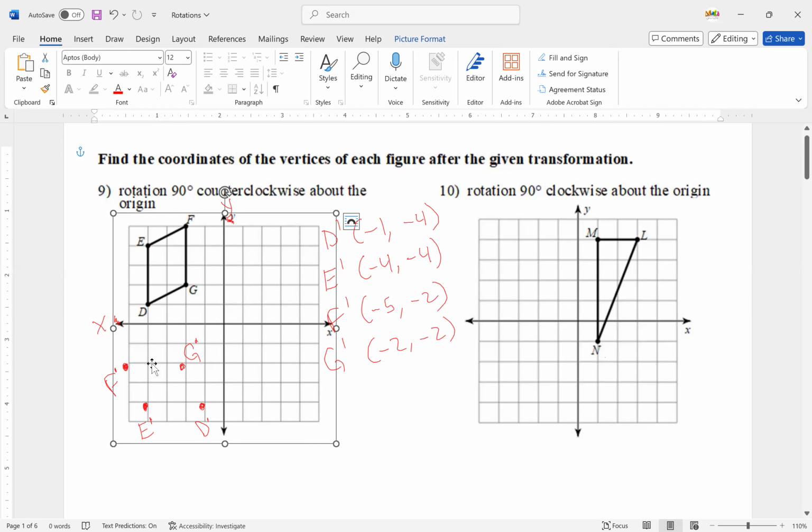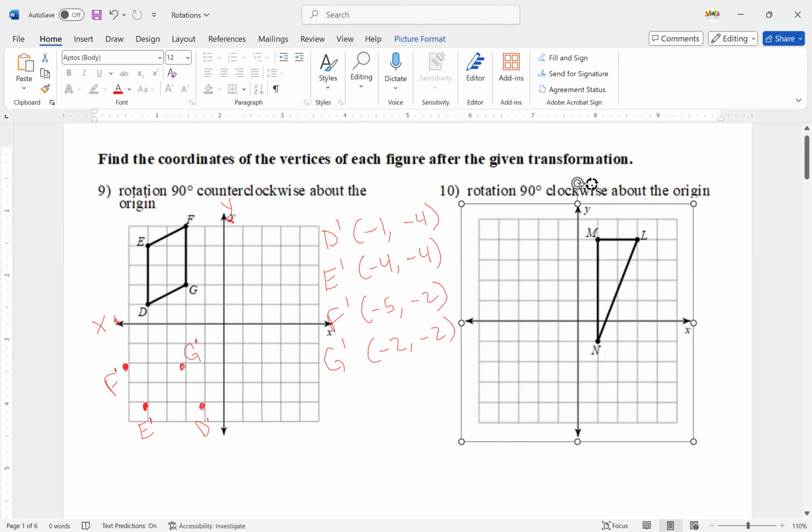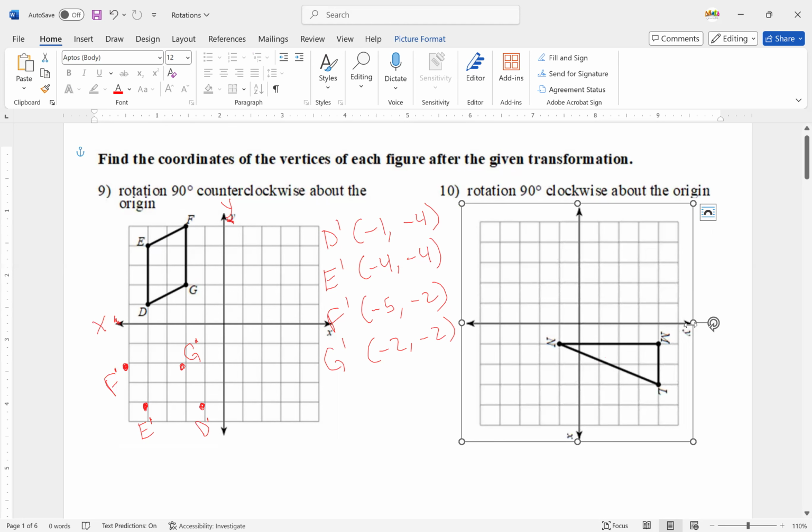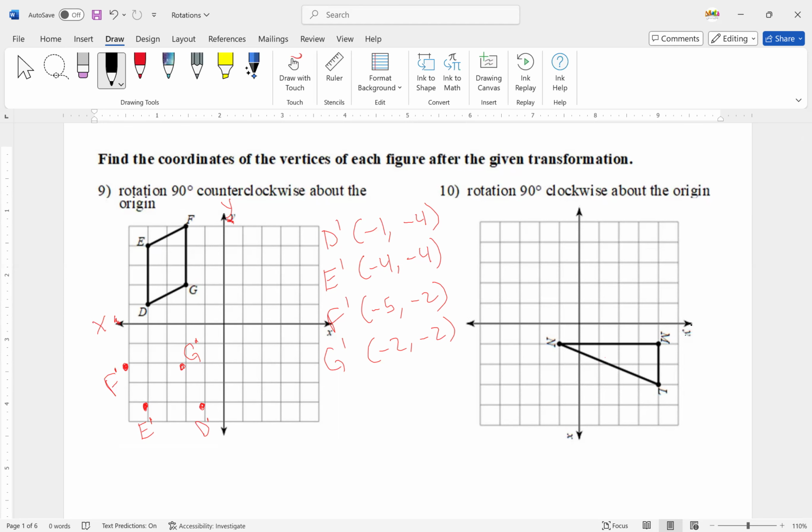Good, that was fun. Now let's take a look at question number 10. I'm going to rotate this 90 degrees clockwise. So I'm going with the clock 90 degrees. Good. So I'm going to go here. Again, ignore the labels on the axes.